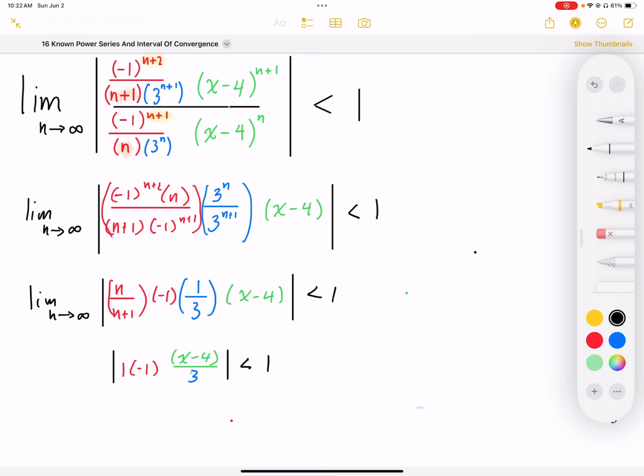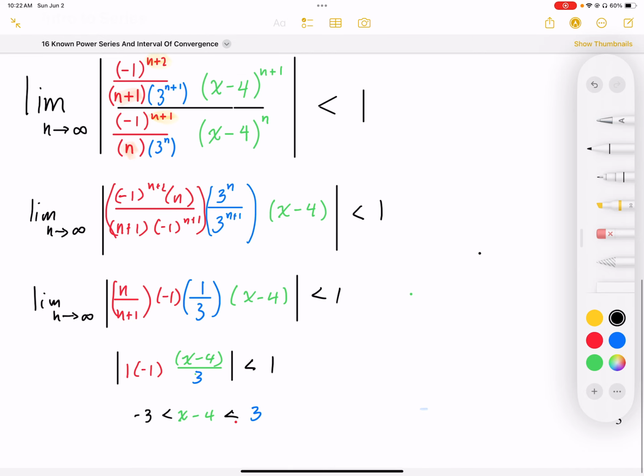And so I can work out the interval for x because when I take away those absolute value brackets, I end up with x minus 4 is less than, I'm going to move the 3 to the other side. And because the absolute value is gone now, we know that it must be bigger than negative 3 or less than 3. So that represents our radius. That 3 actually represents the radius. And then we're just going to convert that into the interval by solving for x.